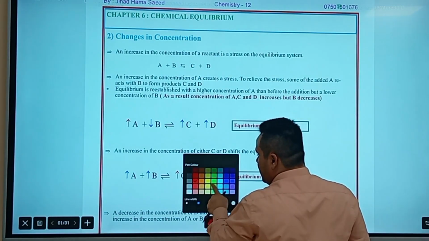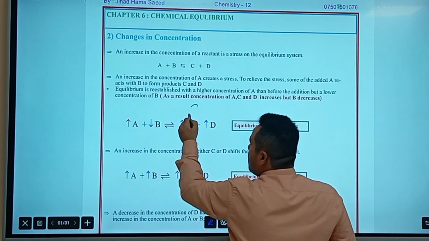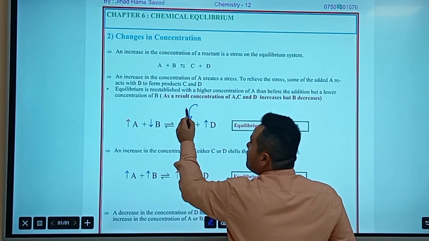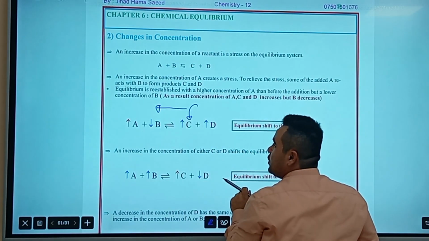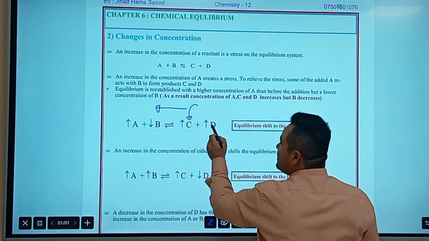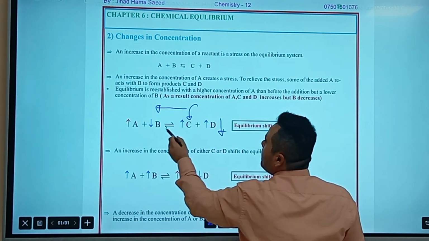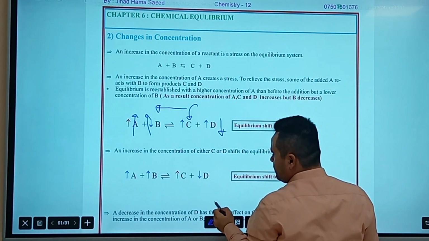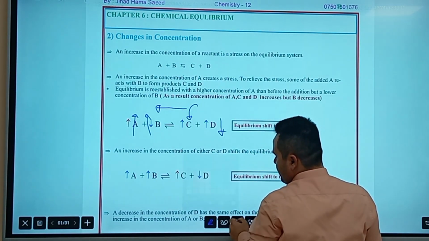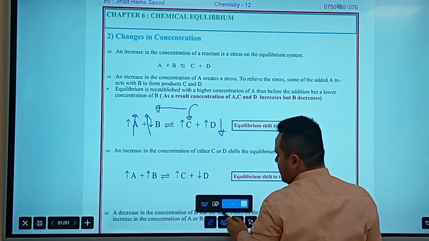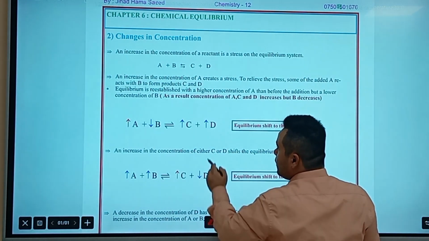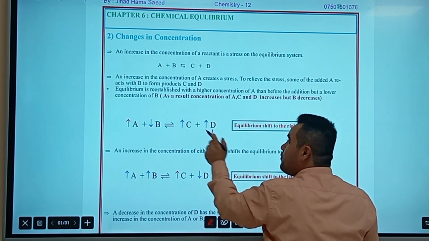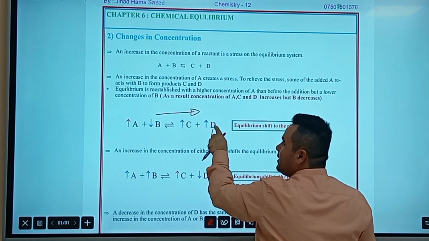Another case, let us increase the product. C increases. Increasing C favors the direction or shifts the equilibrium toward the reactant, reduces D, but increases B and A together. Let us reduce D. We said when we remove something, the direction shifts toward that.